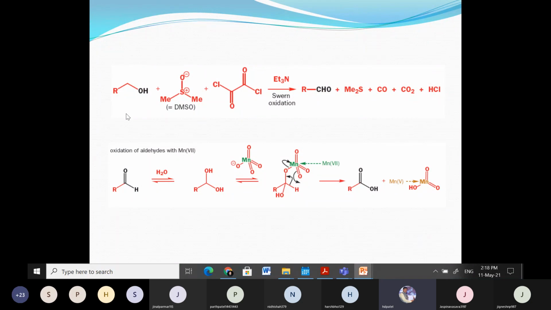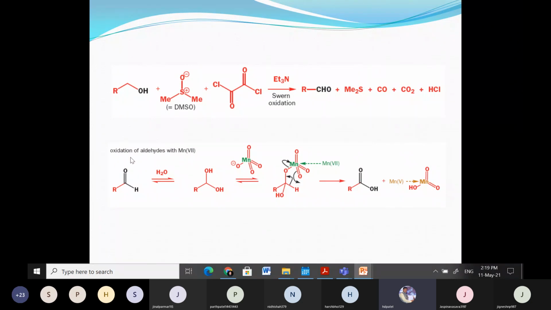During this oxidation, we have converted the primary alcohol to aldehyde. But during this reaction, dimethyl thioether, carbon monoxide, carbon dioxide, and HCl are generated. These are all toxic or poisonous in nature.